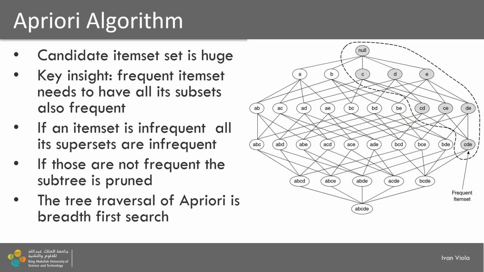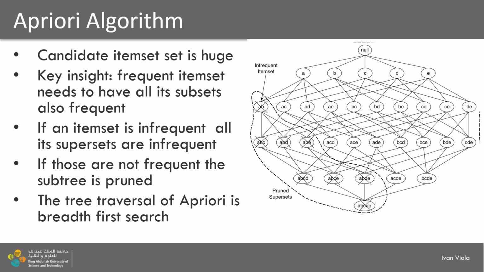So if those item sets are not frequent, then a subtree can be pruned. And we can see that here. For example, maybe the item set A is frequent, but maybe AB is not frequent.